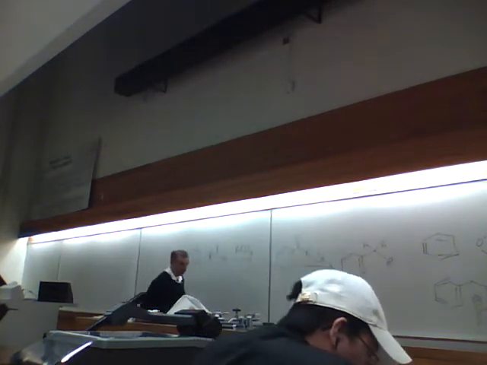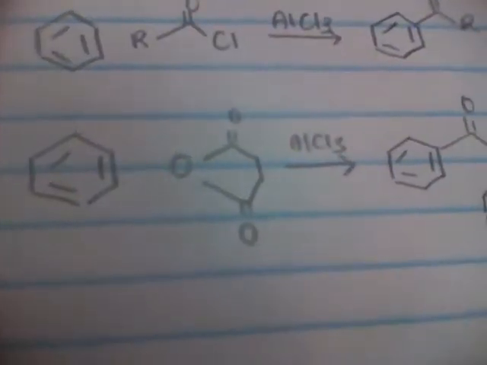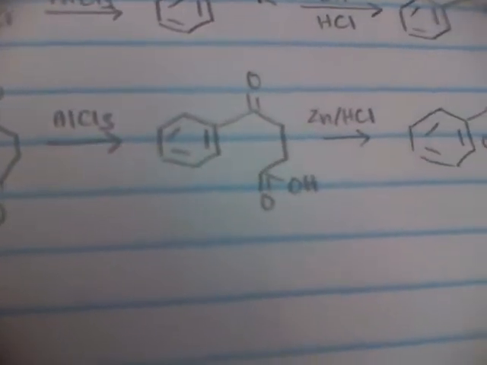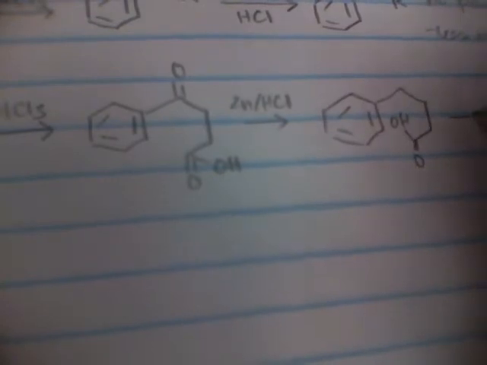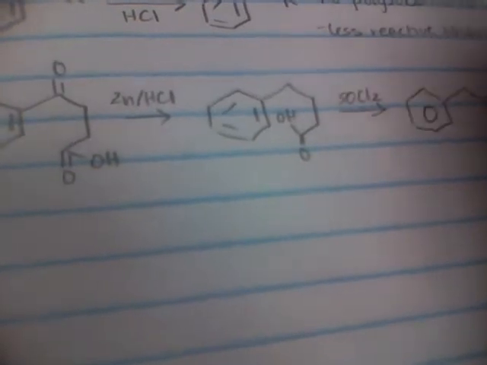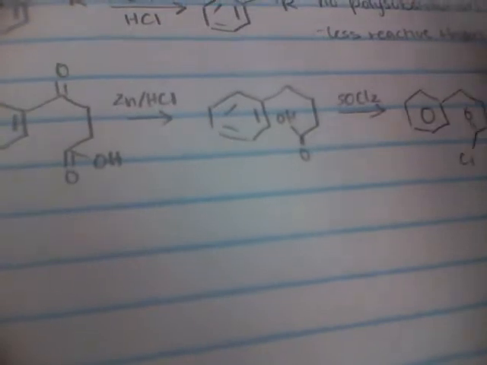And if you convert that carboxyl group into an acid chloride, which is done very often with thionyl chloride, you now come to a substance that can do an intramolecular Friedel-Crafts acylation. So you end up with a cyclic ketone.